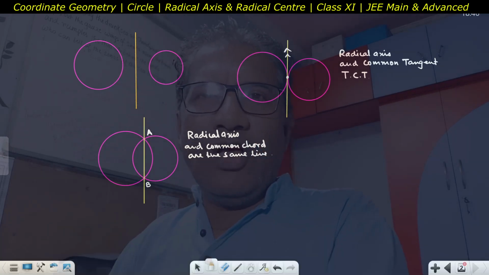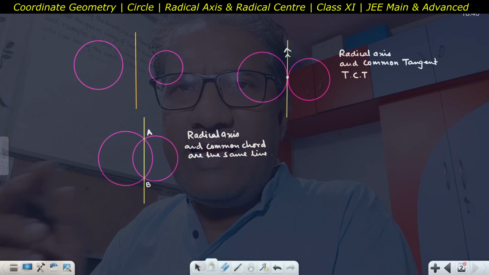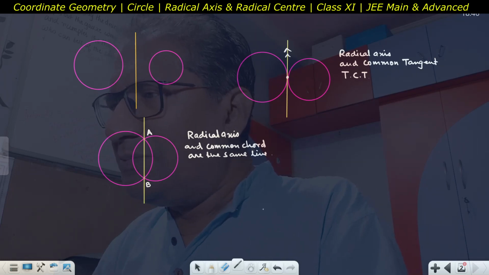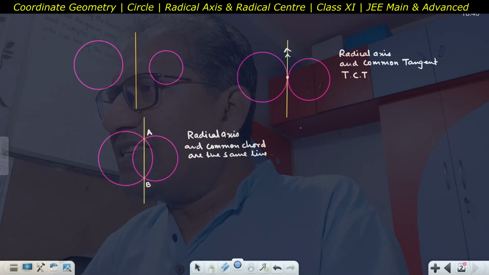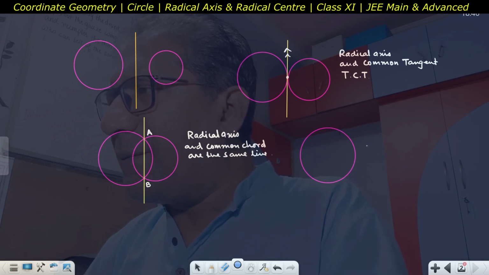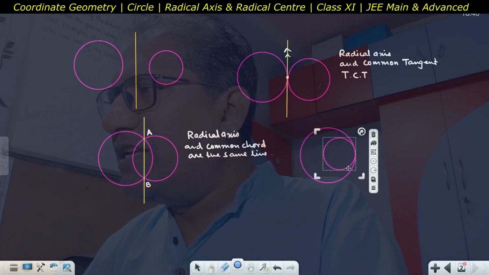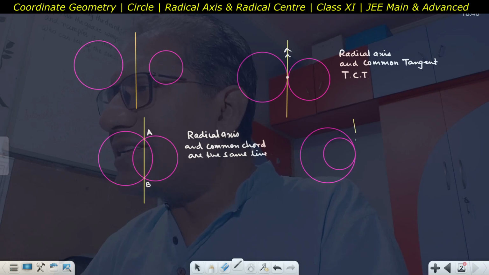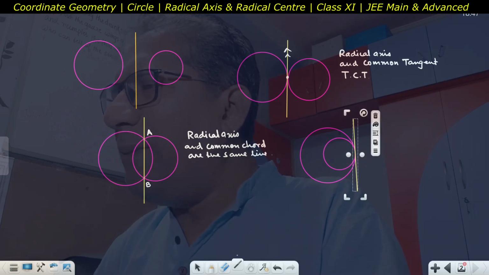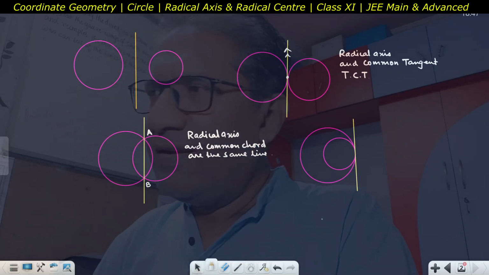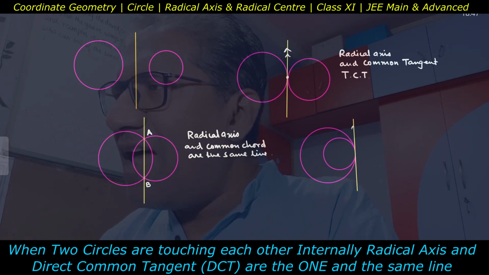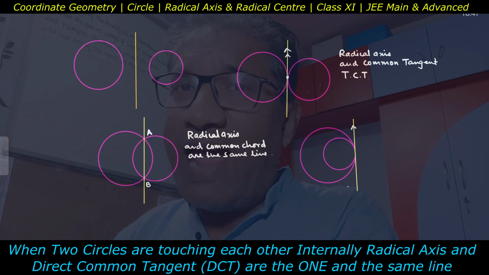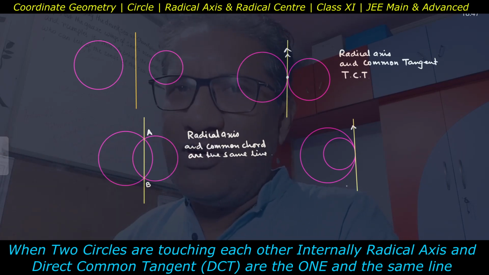Is this clear? When two circles are intersecting each other at two distinct points. Now, if the circles are touching each other internally, suppose these are the two circles, they are touching each other internally. In that case, this will be your radical axis. At the same time, you observe this line is basically the tangent to these two circles, and this common tangent is what is called your direct common tangent.